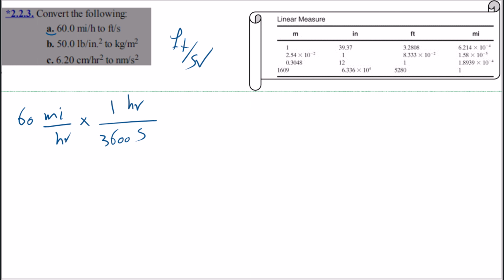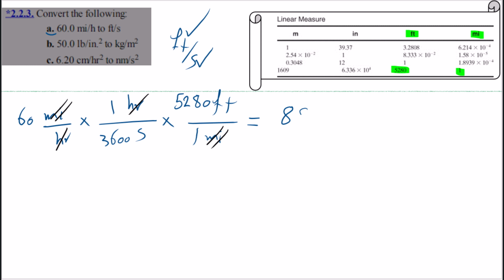In this case, hour will be deleted, and mile must be converted to feet. In which way? 1 mile equals 5280 feet. In this case, there won't be any mile. The answer will be 88 feet per second.